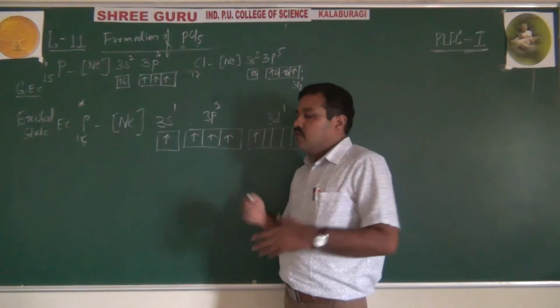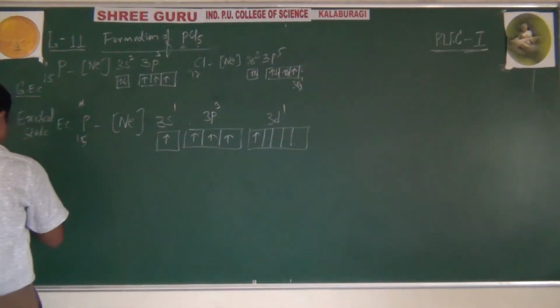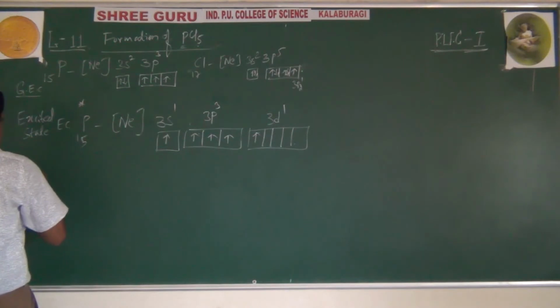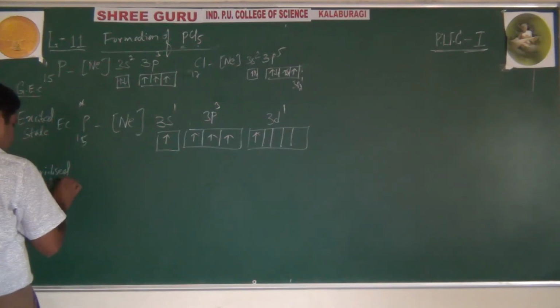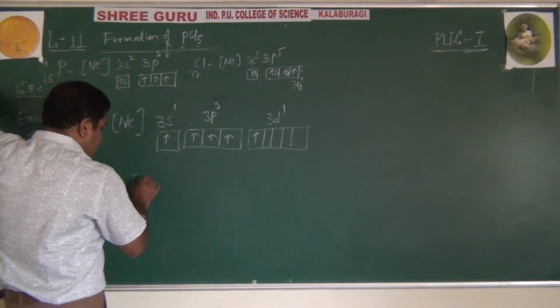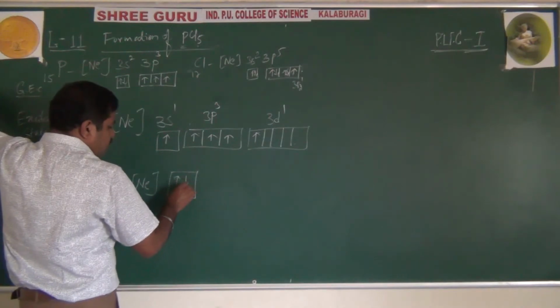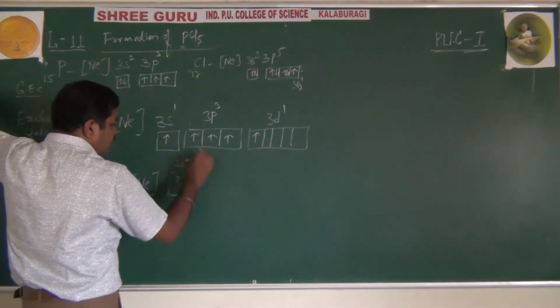Got it? Okay. Therefore, the hybridized state electronic configuration of phosphorus. Okay, see here. Neon, now see 3s2, right?